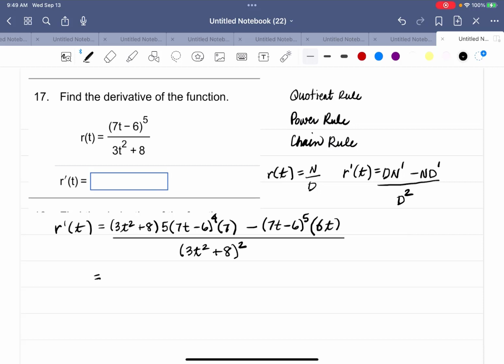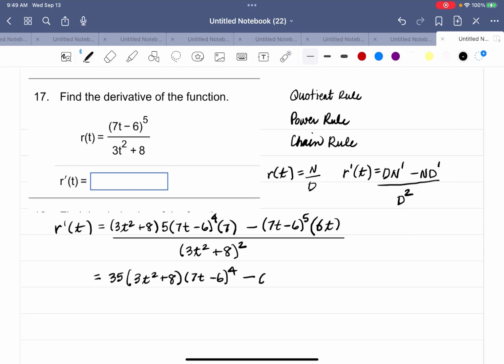Now I have cleanup to do. First thing I'm going to do is take these monomials, those are the single factors, no add or subtract. I'm going to put those in the front, and I'll go ahead and multiply 5 times 7 and get 35, times 3t squared plus 8, times 7t minus 6 to the 4th.